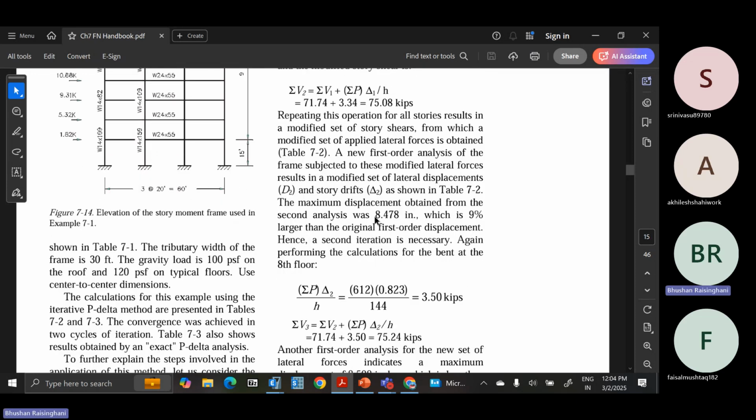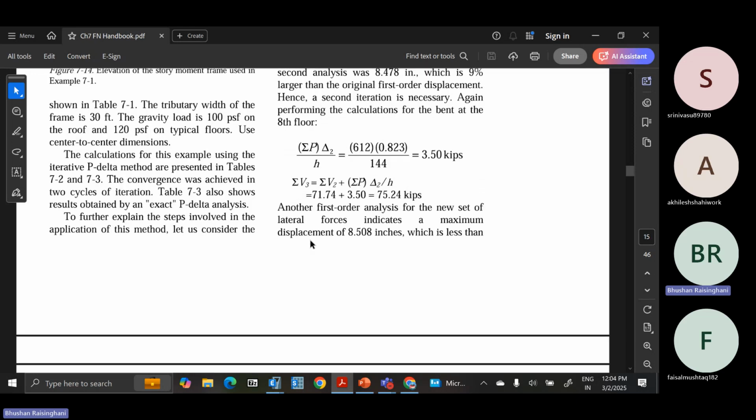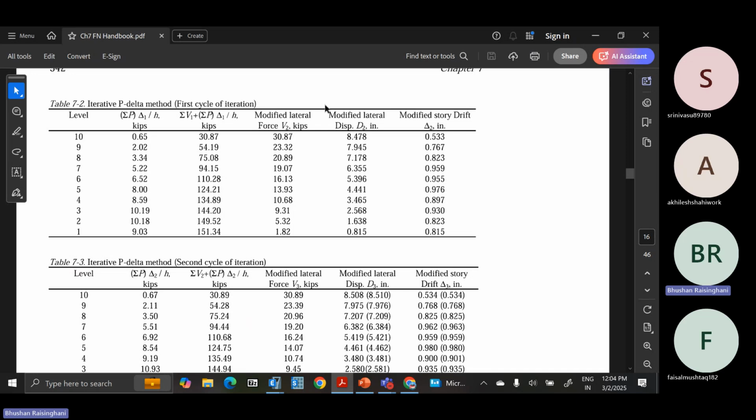So that way you will get higher displacement due to application of the higher load in that analysis. So you have to rerun the analysis and find the new displacement values and keep them here. And again you get the story drift, that is delta 2. So that is iteration number 2, first cycle of iteration.